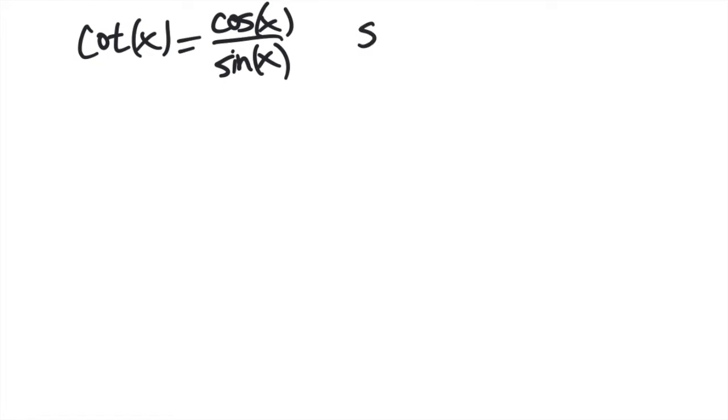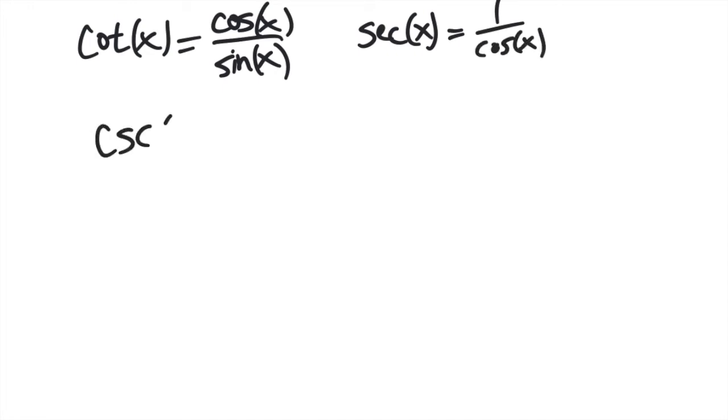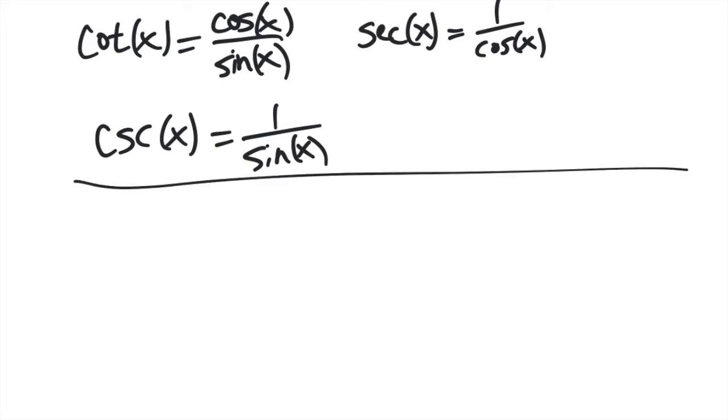And then when you're talking about a secant of x, remember that the secant is 1 over the cosine. And when you're talking about a cosecant of x, that is 1 over the sine of x. So actually what you're going to end up having for this is if you're talking about the derivative of any of these, you're going to use a quotient rule.